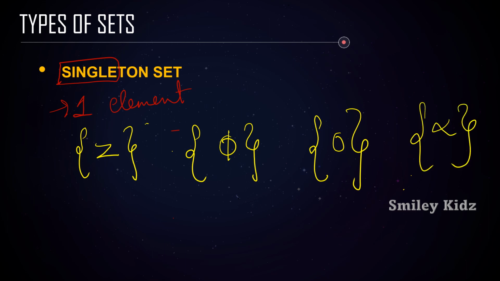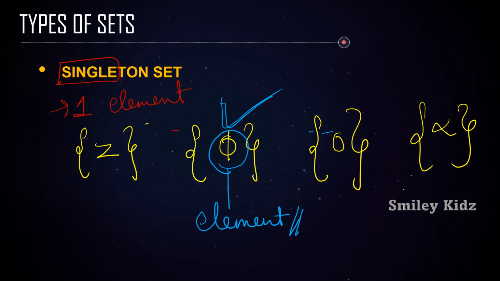Now, definitely, any one of you might have a focus on this. You might ask me, how is this a singleton set when it is an empty set? Now, everyone, here phi itself can be an element, isn't it? Am I right? So this is a singleton set where there is one element.